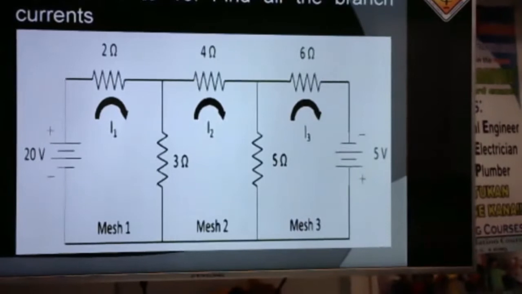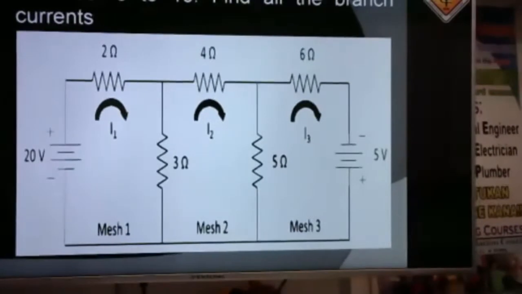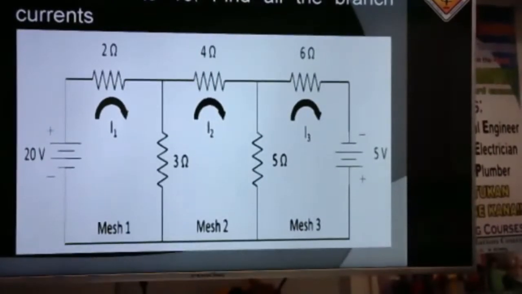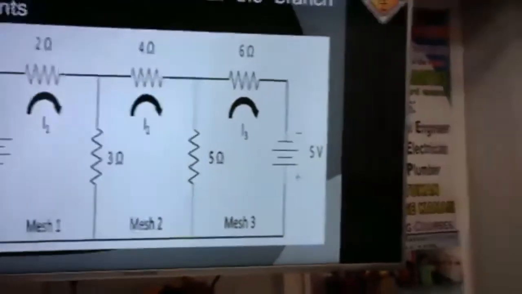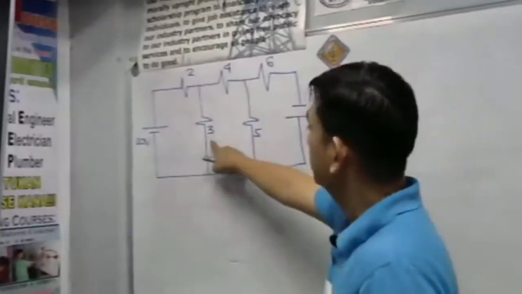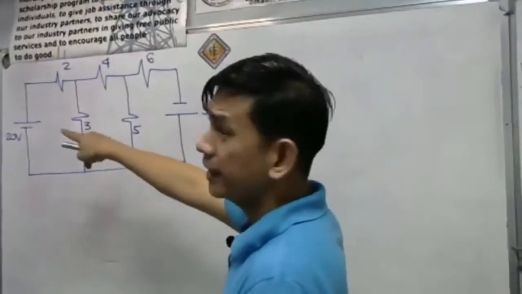So we have 2, 4, 6 ohm. This is 3. This is 5. Okay, this is a long problem. We have 2, 4, 6, and 3 and 5 ohm. We have 20 volts, negative and positive.